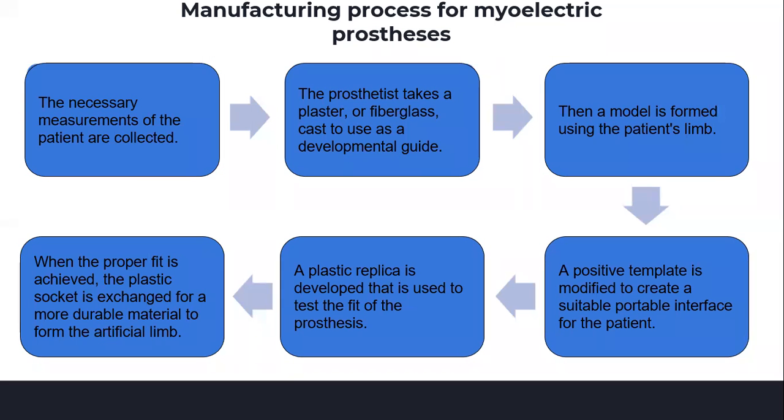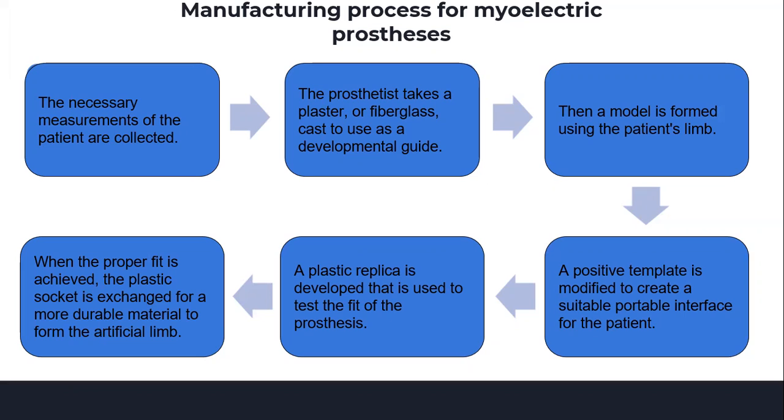The manufacturing process for the myoelectric prostheses includes the necessity of measurements from the patient. The prosthetist then takes a plaster and transforms it into a cast to use as a developmental guide.